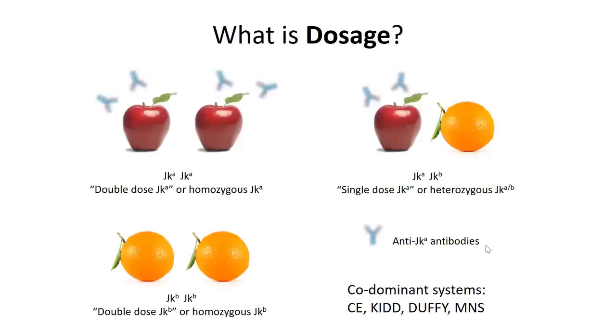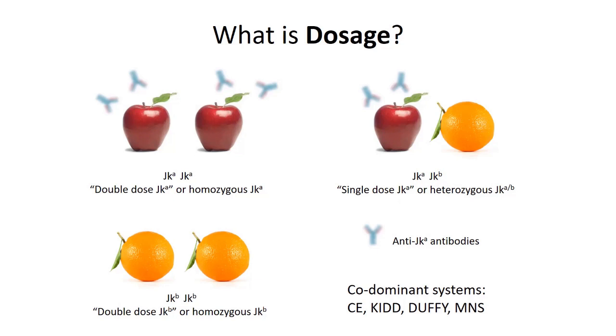What is dosage? This is whether you express an antigen homozygously, which is to say in double dose, versus heterozygously, which means in single dose. If you have antibodies to an antigen in single dose, you may not see a reaction, and you may miss the power to deduce the existence of that specificity.